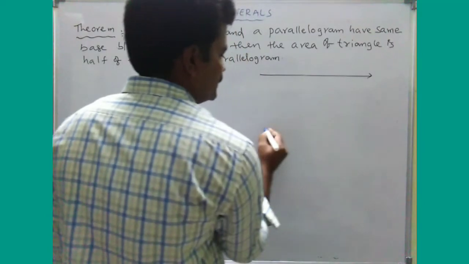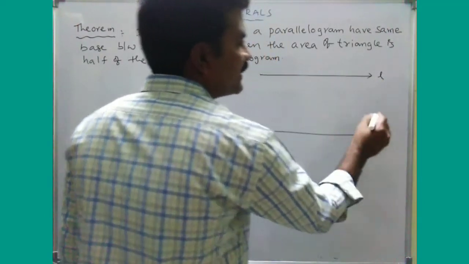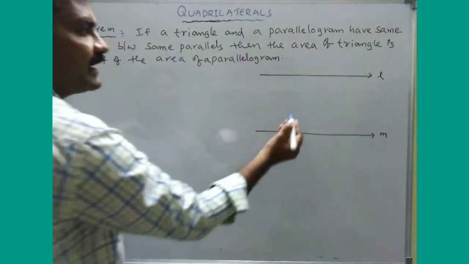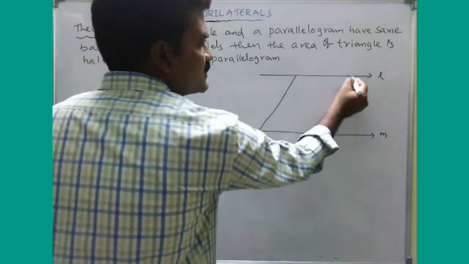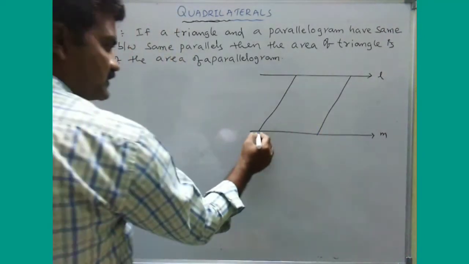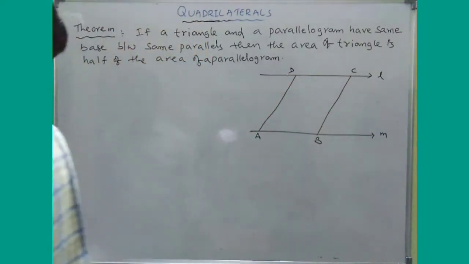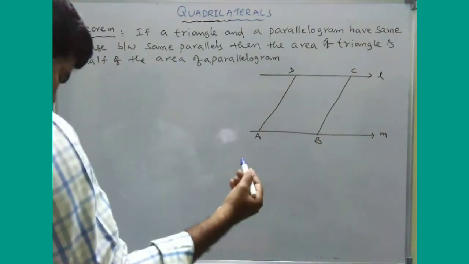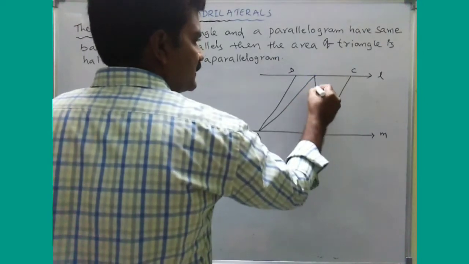So for example, let us assume that these are the two parallel lines L and M. Assume that this is the parallelogram, suppose ABCD. Now let this be the triangle.